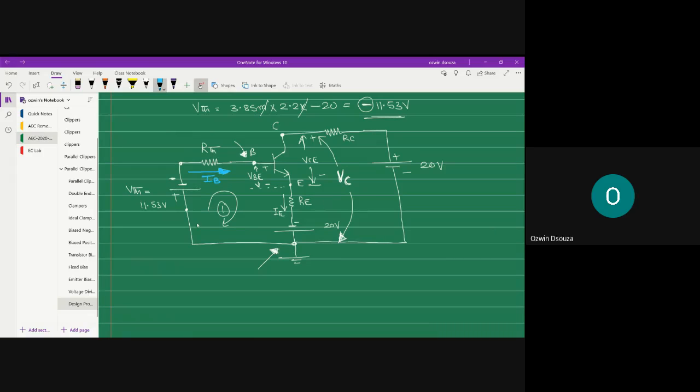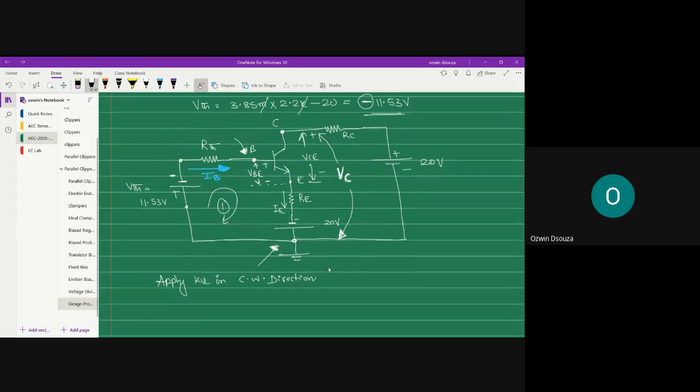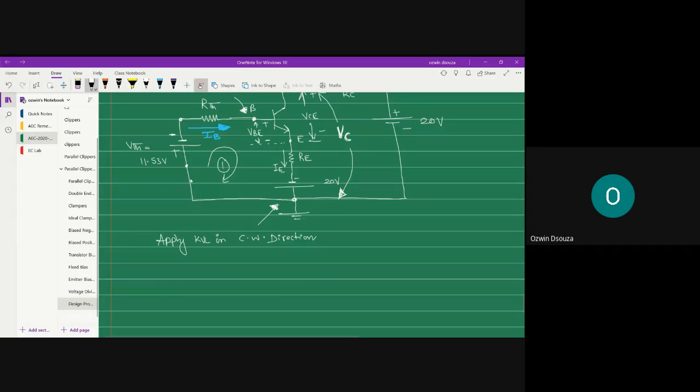I'm just retaining the current directions as per NPN transistor working. Fine, so let's apply KVL in clockwise direction. All right, so what do we get when we apply KVL in the clockwise direction?